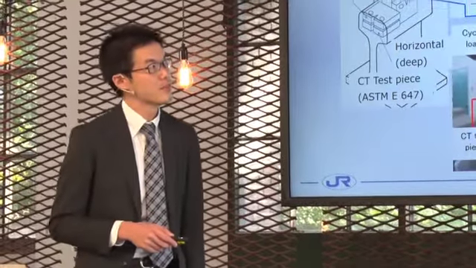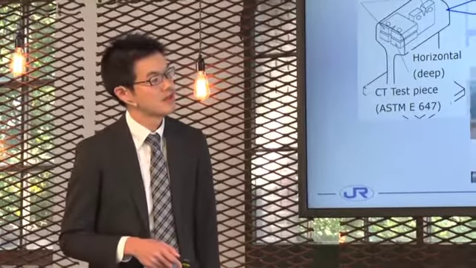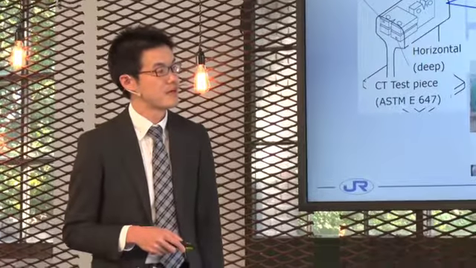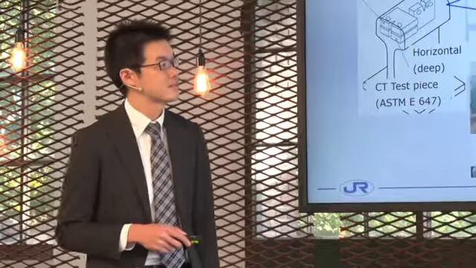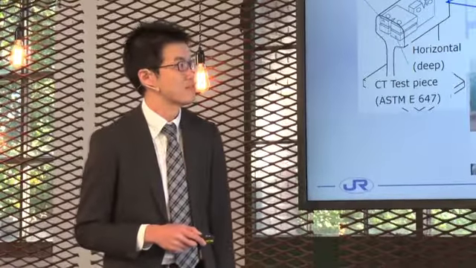The figure on the right shows the test result. The horizontal axis is the effective stress intensity factor, and the vertical axis is the crack growth rate.